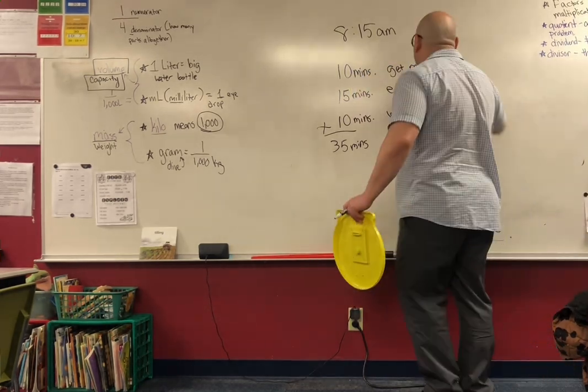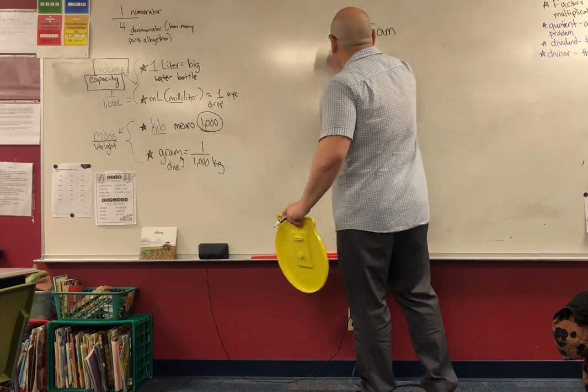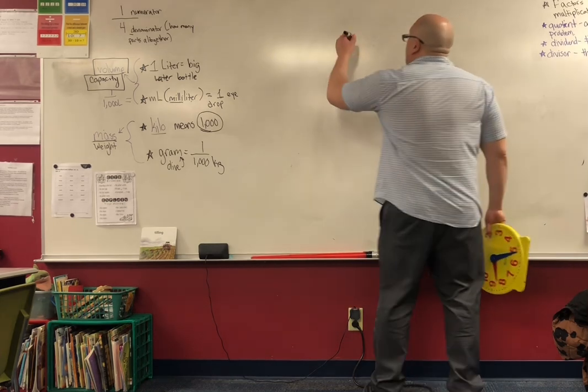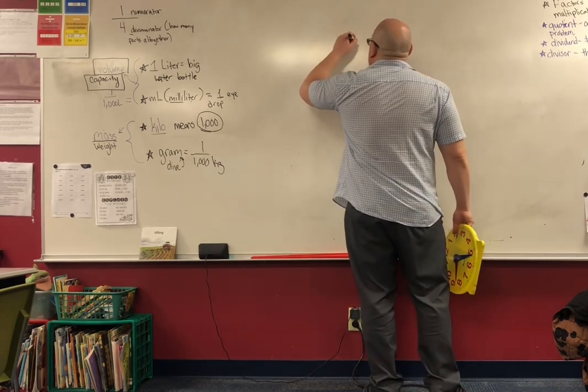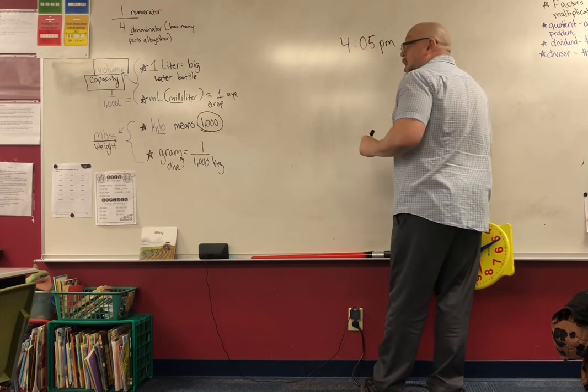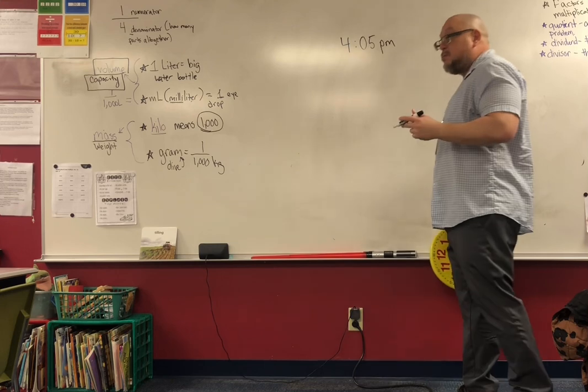Now, we're going to do one more of these using the clock so that you guys can practice for your test tomorrow. Let's say I have to be home by 4:05 p.m. I get out of school, right?